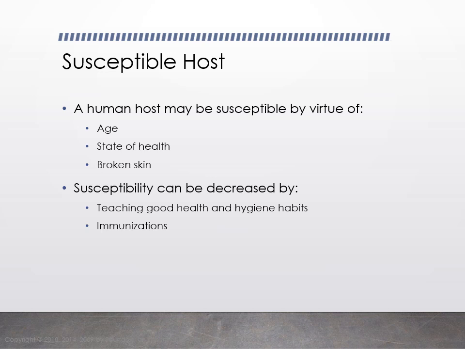Some ways that we can decrease susceptibility are by keeping our immune system healthy, improving our living conditions, making sure that we're using proper hygiene techniques, and utilizing insect spray for those mosquitoes that we mentioned. Some factors that increase our susceptibility are the age of an individual, their state of health, and whether or not they have broken skin.